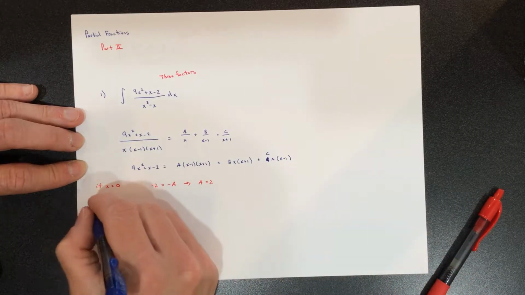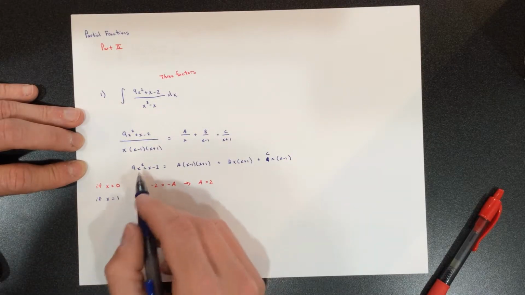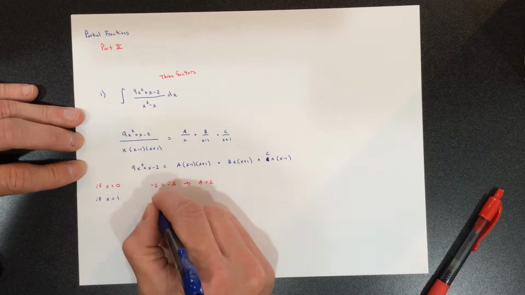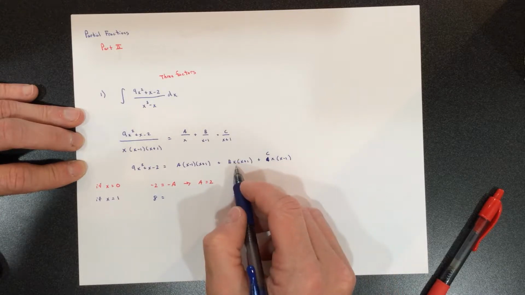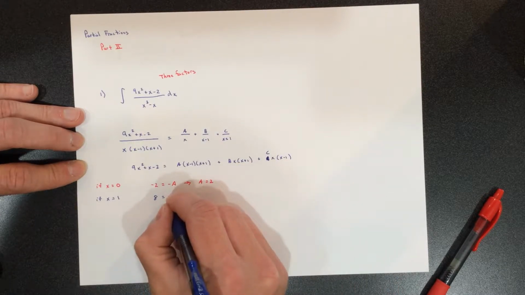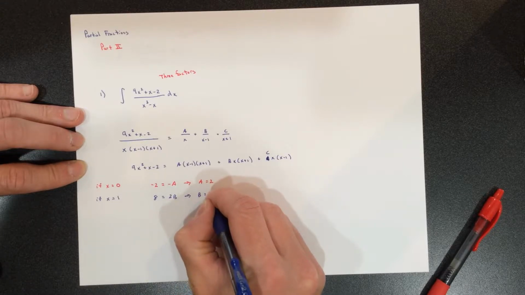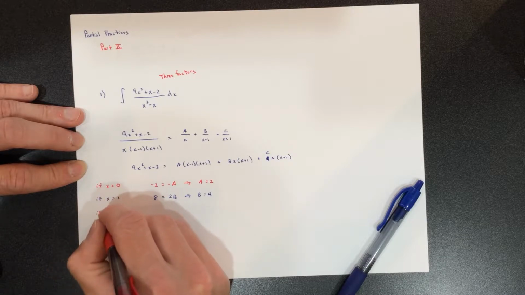Now I'm going to say, what happens if x equals 1? If x equals 1, this is 0, 0, and then 2B. So I get 2B, which tells me that B must equal 4. And then I think the most logical thing is to use x equals negative 1.